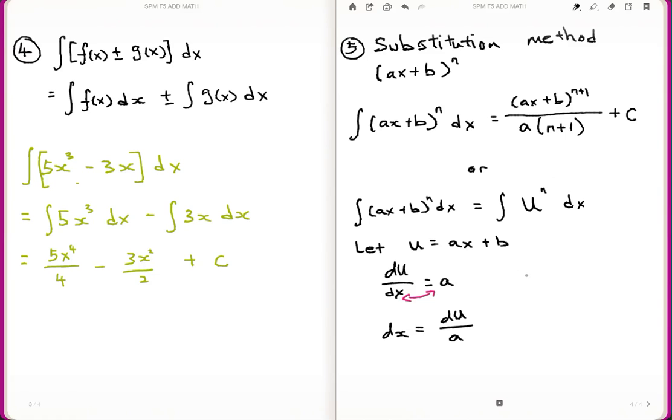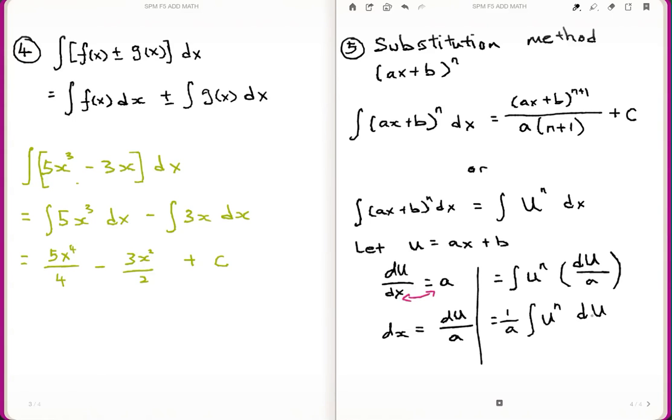Eventually, therefore, integration of u, and my dx is now du over a. A is a constant, so you may factorize it. That would be 1 over a.